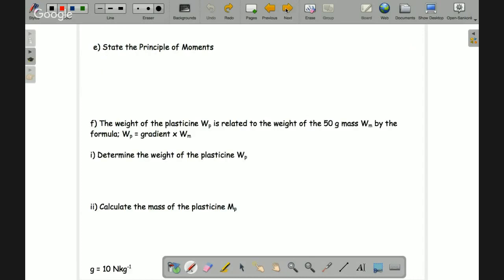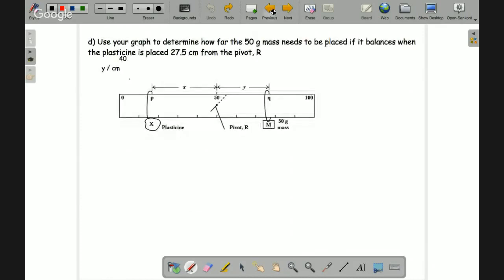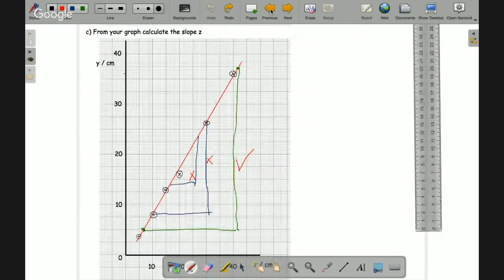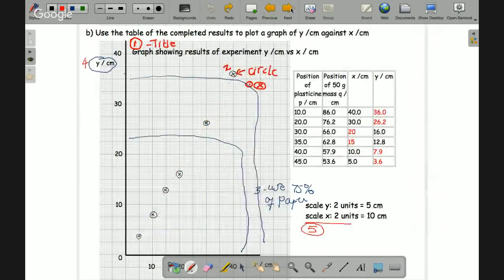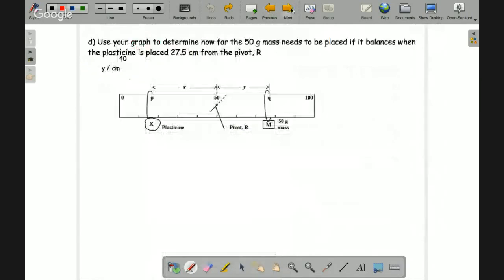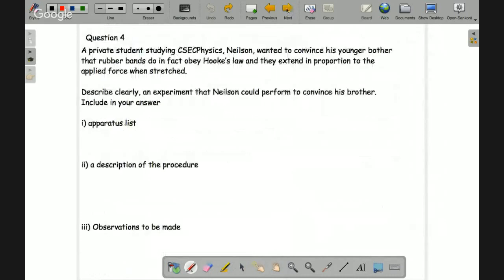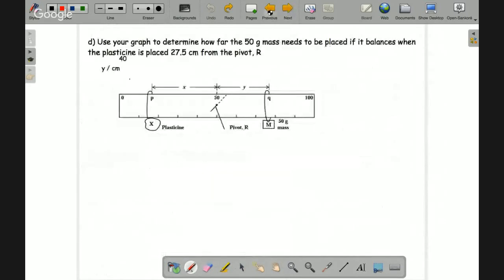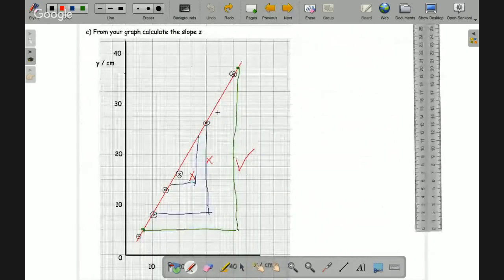Where is my, tell me I deleted my, oh my Lord. I deleted my graph. All right, it means I'm going to have to find, I'm going to delete these things.